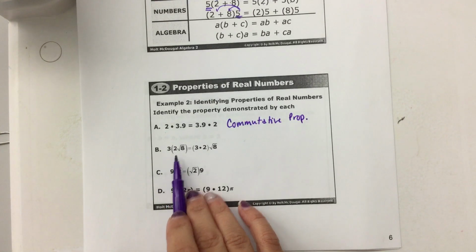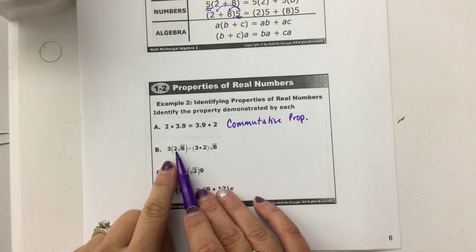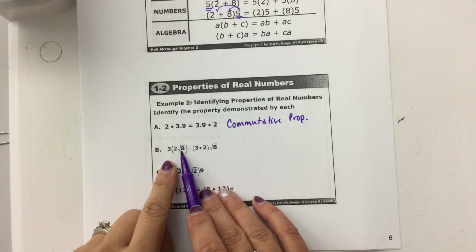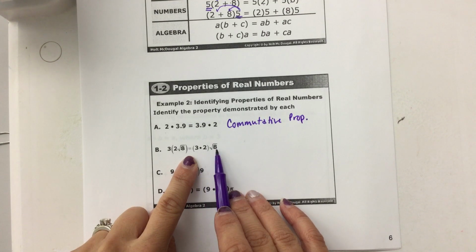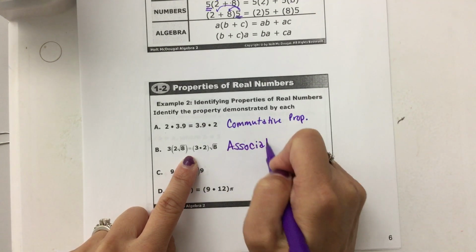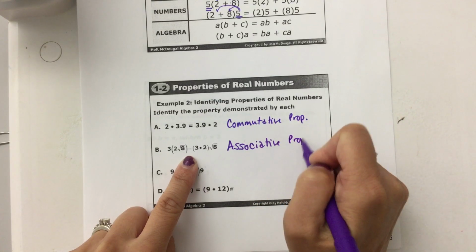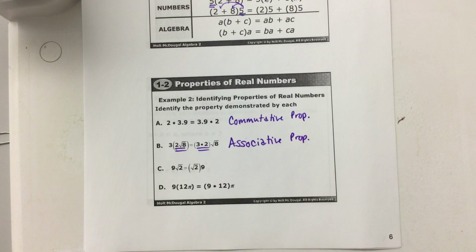Okay, the next one. Remember, order of operations, you always do what's in the parentheses first. So this says to take 2 times the square root of 8, then times 3. This says take 3 times 2 first, then times the square root of 8. So this is the associative property, because what happened is you changed what was inside of the grouping symbols.